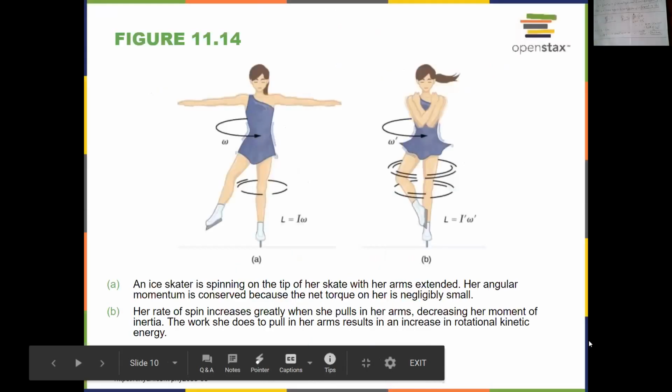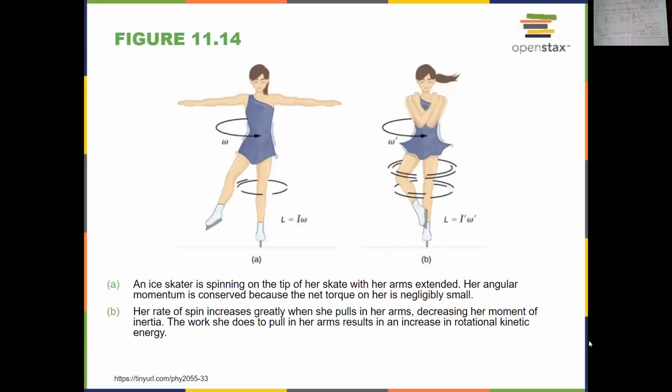Similarly, if you have watched figure skating, a popular move that the skater does is spinning initially with their arms and one leg extended.